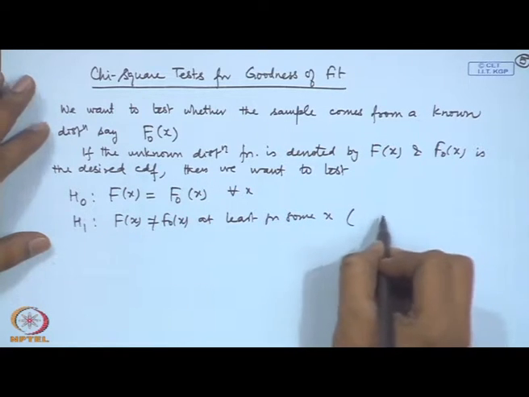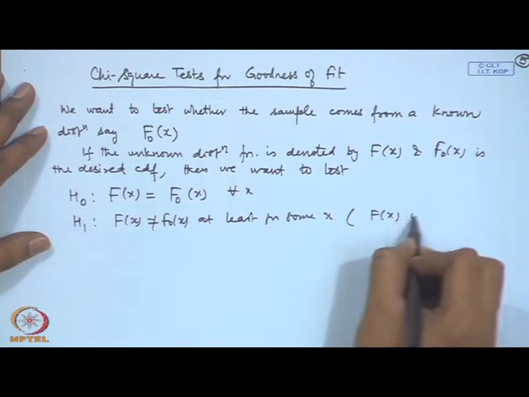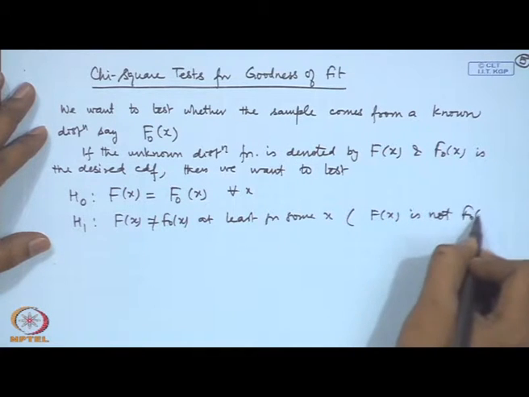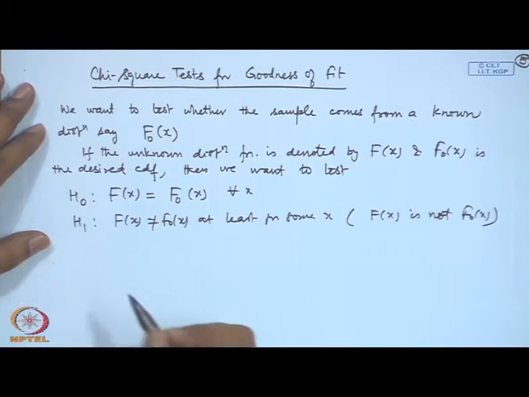So, that means, we are saying that the alternative hypothesis is that f x is not f naught x. It could be some other distribution or it may not be a distribution.